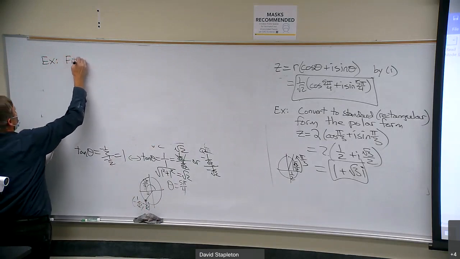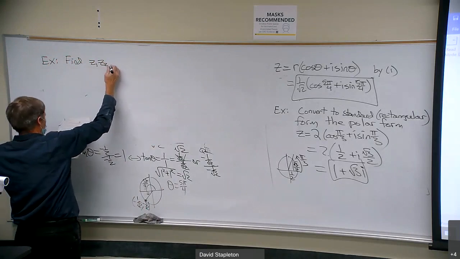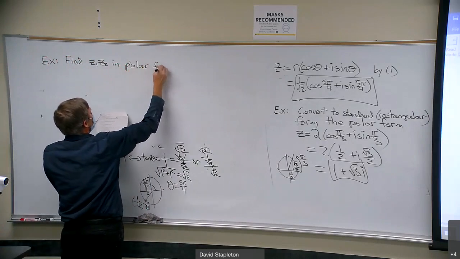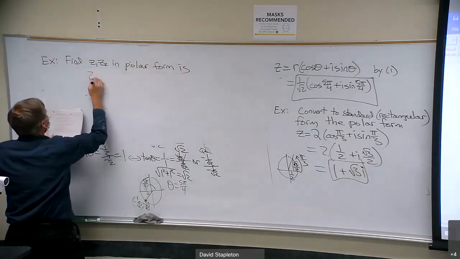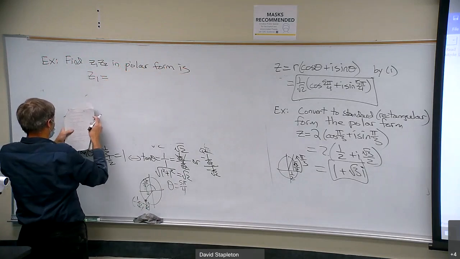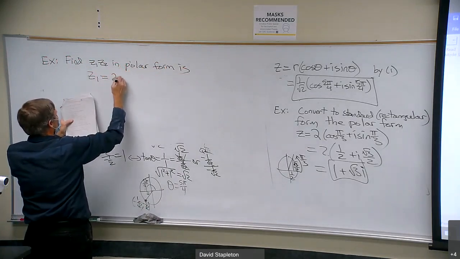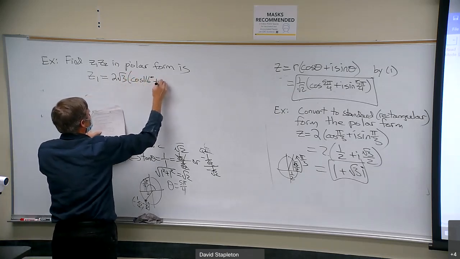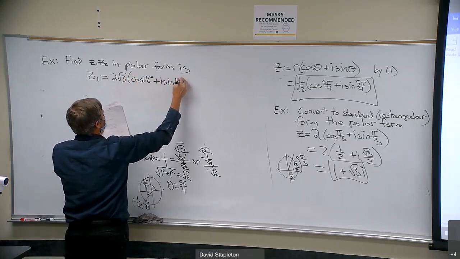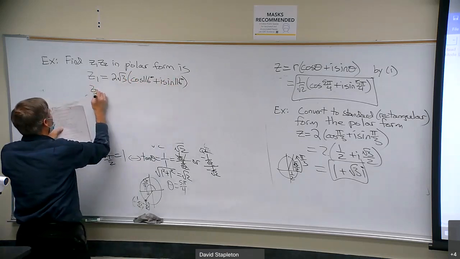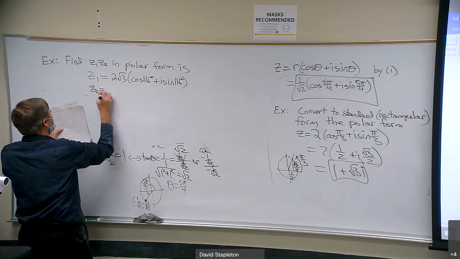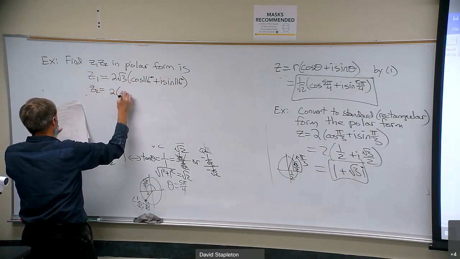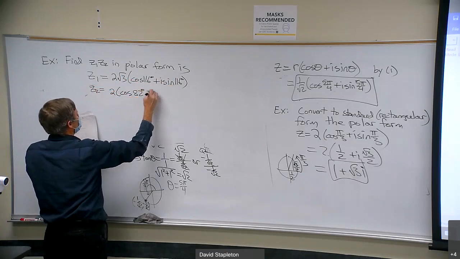Find the product z1 times z2 in polar form, if z1 in polar form is 2 square root 3 cosine 116 plus i sine 116 degrees, and z2 is in polar form 2 cosine 82 degrees plus i sine 82 degrees.